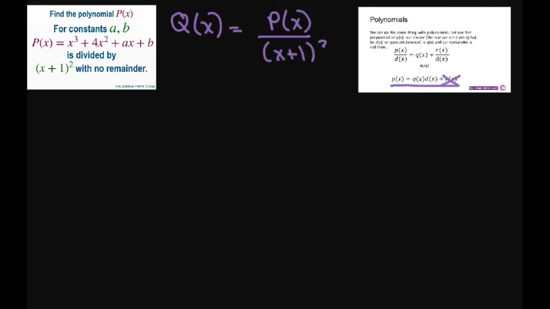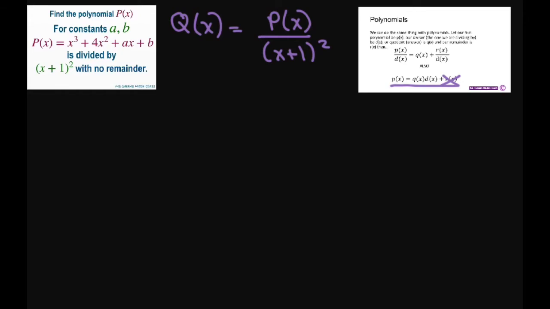So we're going to use p of x equals q of x times our divisor plus the remainder. Now we don't have a remainder. So basically we're going to let q of x be our quotient. We'll use p of x divided by our x plus 1 squared.